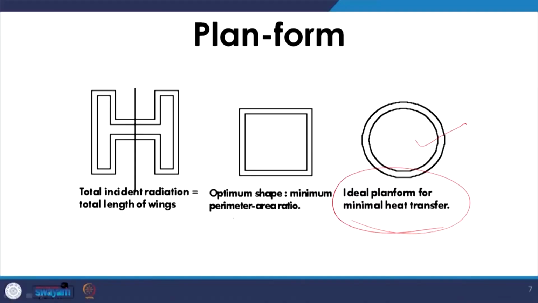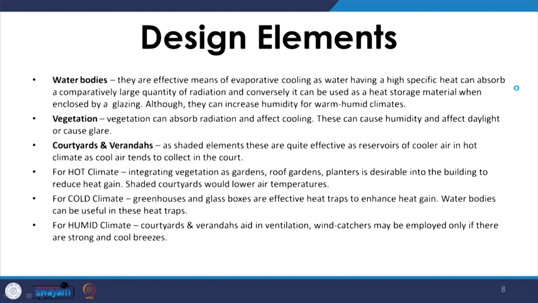The optimum one is a square. A building plan form which has a lot of wings coming out and a lot of penetrations, a lot of punctures in the plan form will result in a building with a very large perimeter to area ratio, and that kind of form would be suitable for a warm humid climate, and these ones for hot and cold. Next we come to the design elements.